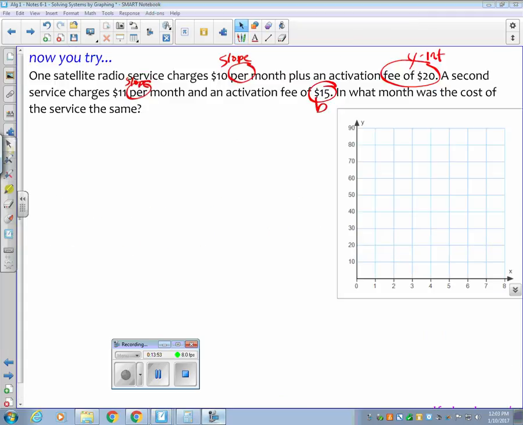So for the satellite problem, you guys are going to graph the first one. You're going to start at 20 and then go up 10 over 1. And the second one, you're going to start at 15 and go up 11 over 1.